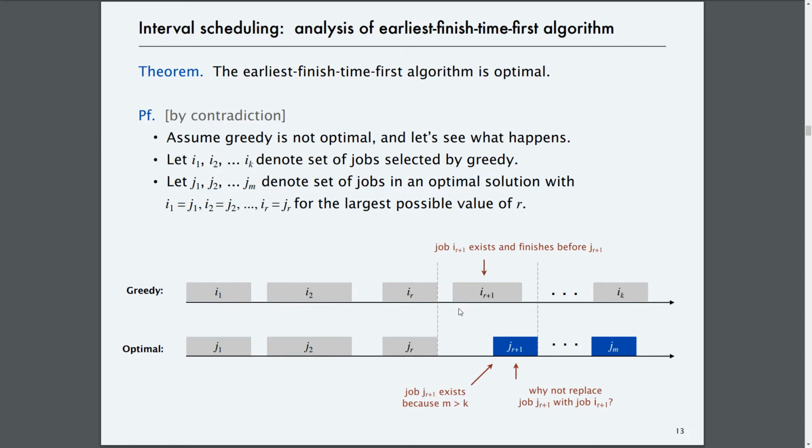But since we sort by earliest finish time first, the job j r plus 1 has to have a later finishing time, or at least an equivalent finishing time. So why wouldn't we just replace job j r plus 1 with i r plus 1?